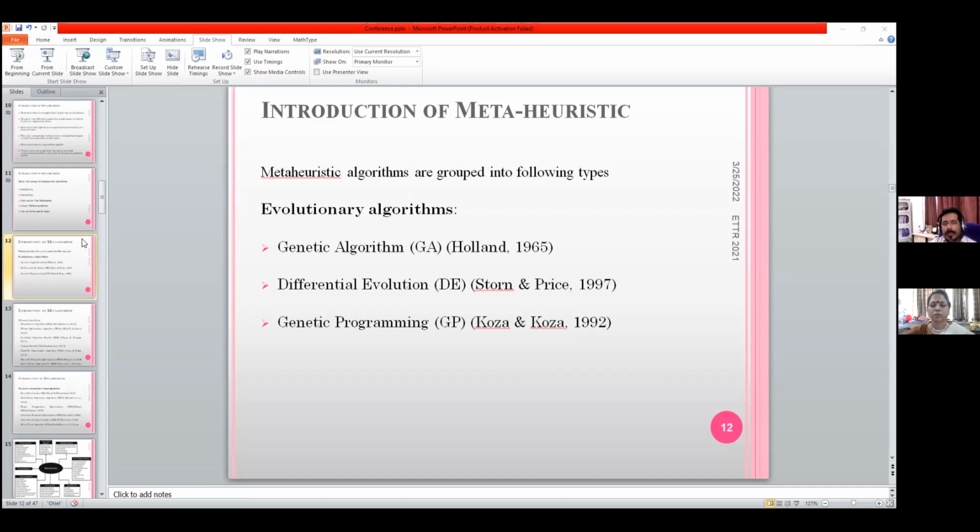The third part is known as physical or chemical property based algorithms, and the fourth part is known as human nature based algorithms. The first part is evolutionary, which has been developed from natural evolution, that is, Darwin's principle. This is the first category of algorithm. It generally contains the genetic algorithm, differential evolution, and genetic programming.